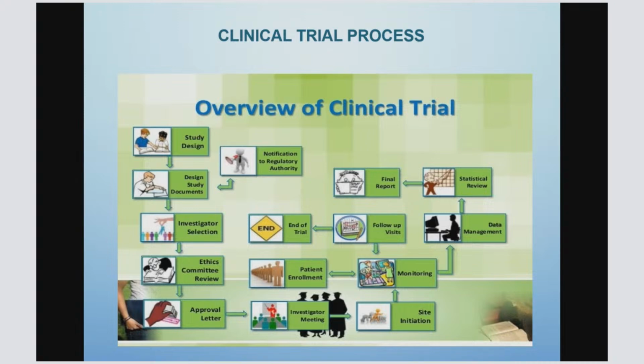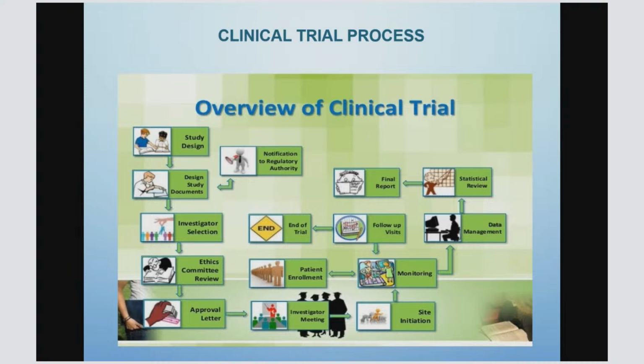And of course, once you are ending the clinical trial, there is a lot of assessment and analysis that has to be done, because you have to analyze all those years of whatever has happened in the clinical trial, and hence we have a lot of statistical review.